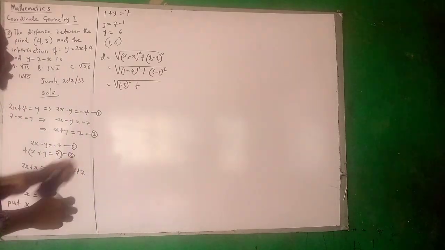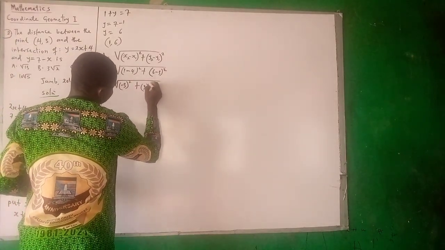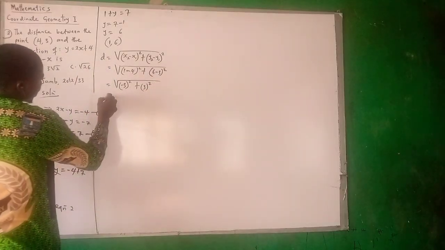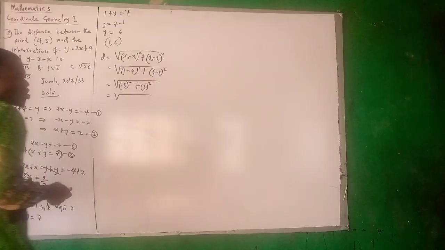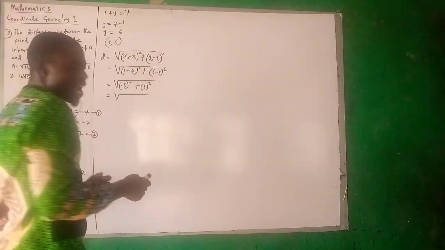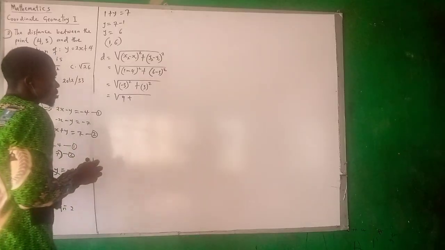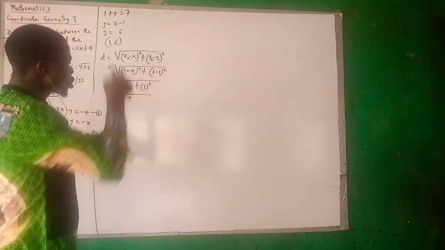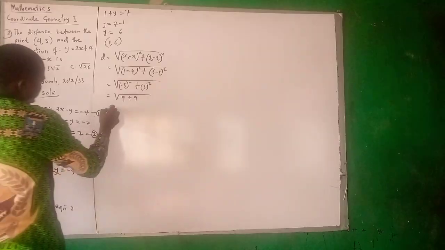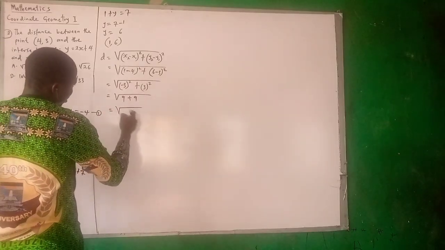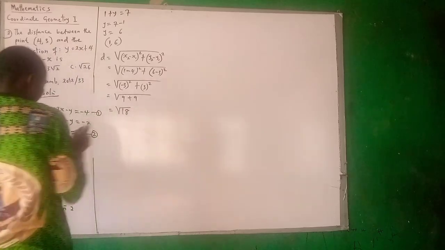Plus 6 minus 3 is 3, you have to square it. And that will give me square root of minus 3 squared, which is 9, which I know you are aware of. Plus 3 squared is also 9. You understand? And that will give me square root of, if I add this, 18, right? I'm going to get 18.